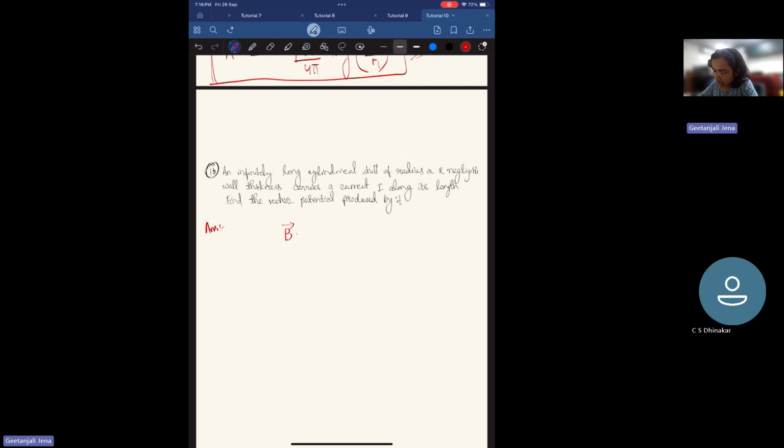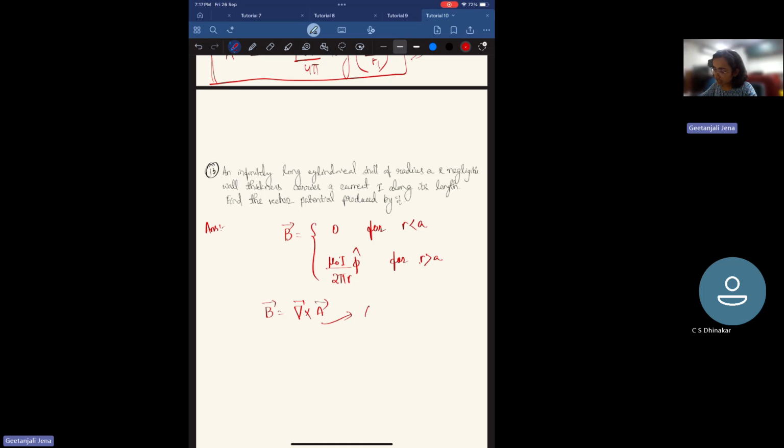So if you recall, B is 0 for r less than a, and it is mu naught I by 2 pi r phi cap for r greater than a. And for vector potential, this is related to the curl of A. The direction of A will be either parallel to the current or anti-parallel to the current.